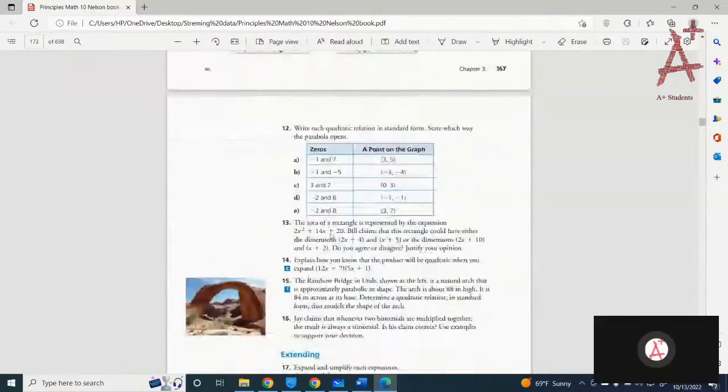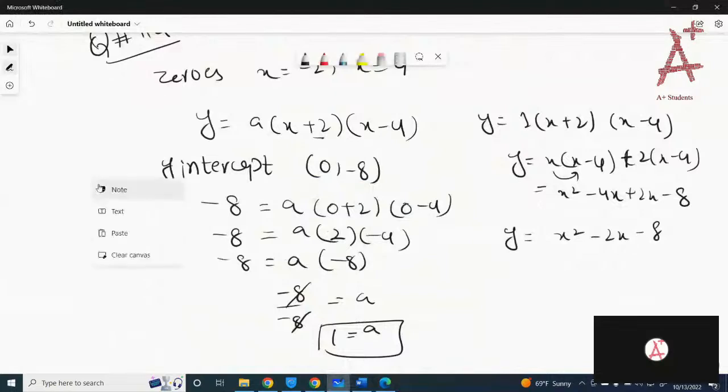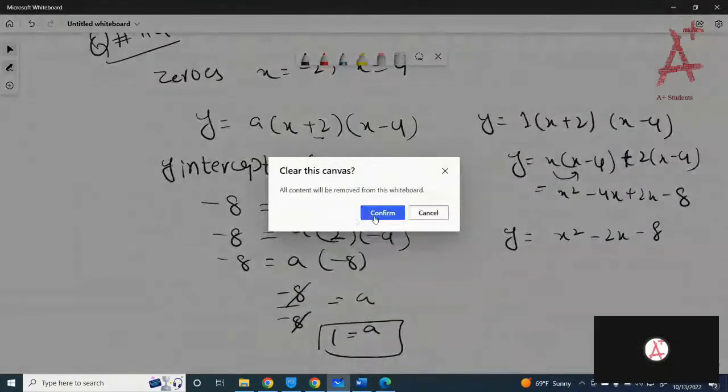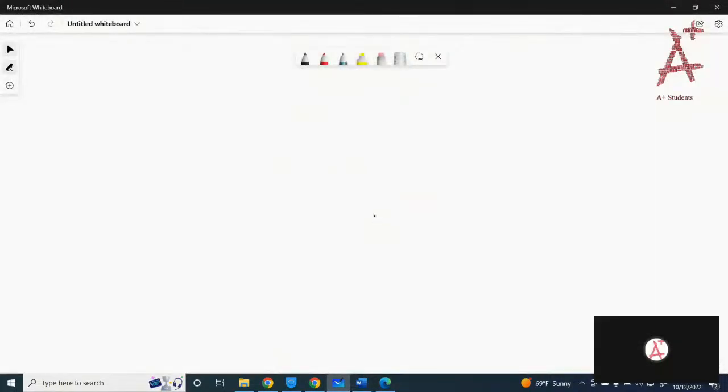Okay. Write each quadratic relation in standard form. State which way the parabola opens. You are given the zeros and a point on the graph. Let me write it. Question number 12A.